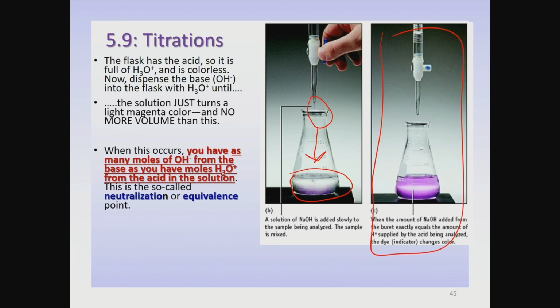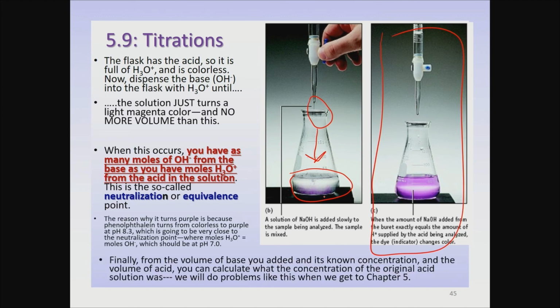At the equivalence point, you have completely neutralized the acid with base, which means you'll have as many moles of hydroxide as hydronium. So the question is, how do you know you've gotten to this point? That's where the indicator dye comes through. The indicator dye at first is clear, but just at the point where you've added just enough hydroxide to match the hydronium, it turns purple. And then you stop the process.